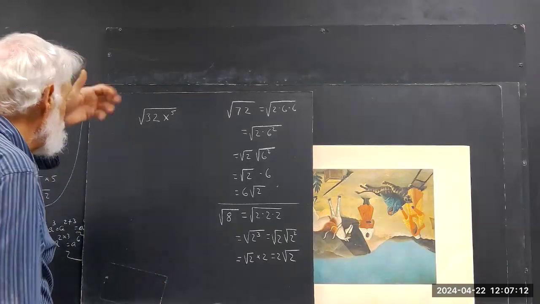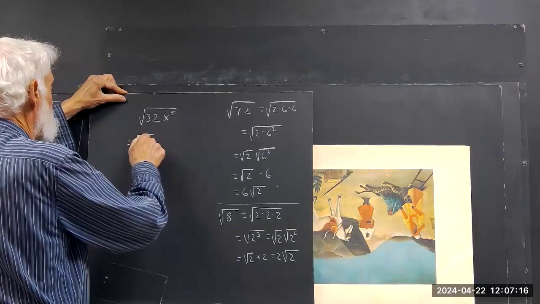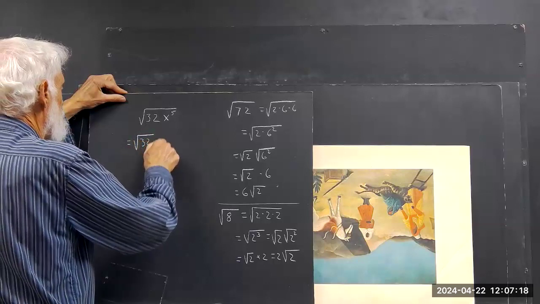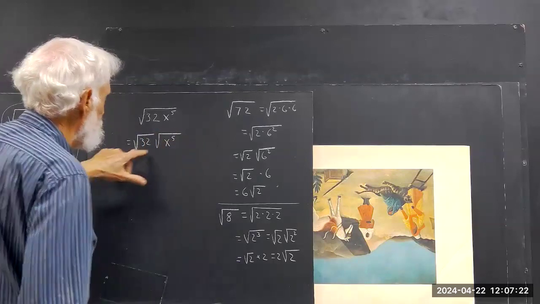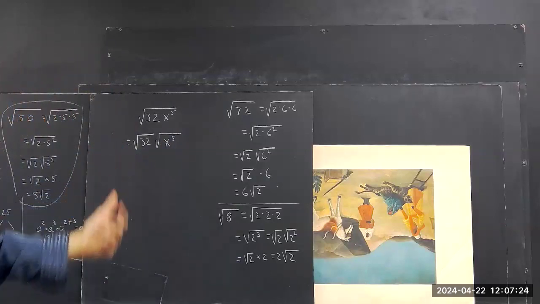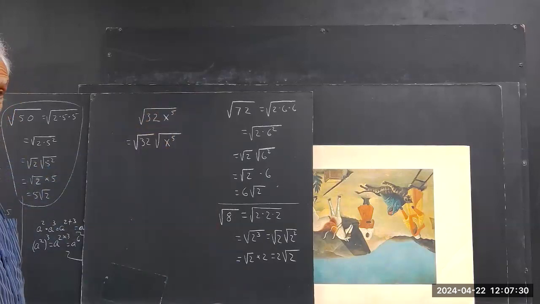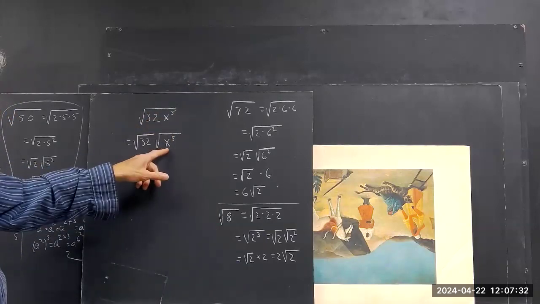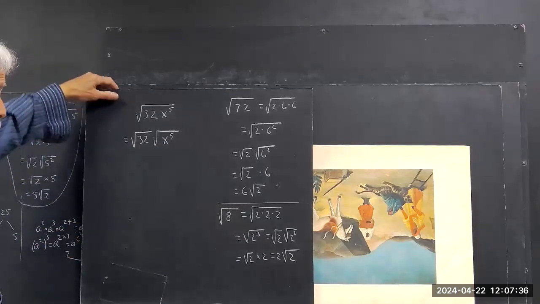Just to give you a start in case you need it, I would take the numbers and the symbols and separate them into the product of 2 square roots. Now you know what to do with the numbers. Do what you did over here. And you know what to do with the symbols, if you remember what we did just a little while ago.